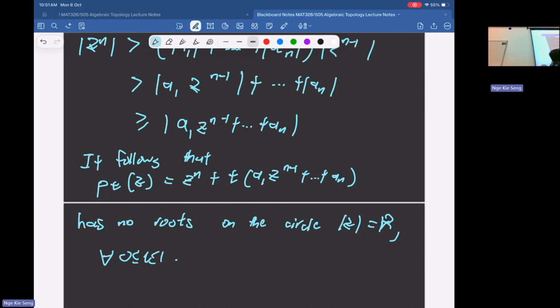Because the distance of z^n is always strictly greater than the part at the back. So if you take the difference, you don't get 0.